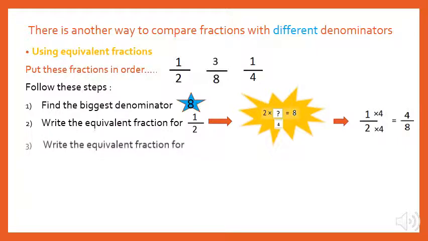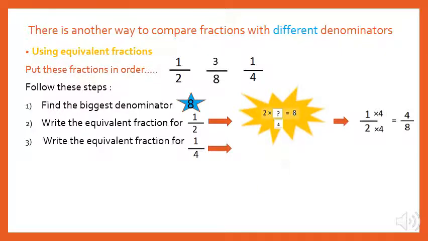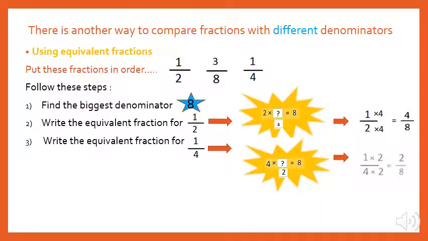The next step, let's make the equivalent fraction for 1/4. Here, you multiply 4 by 2, it will equal 8. So let's multiply the two parts of the fraction by 2. 1 times 2 equals 2. 4 times 2 equals 8.